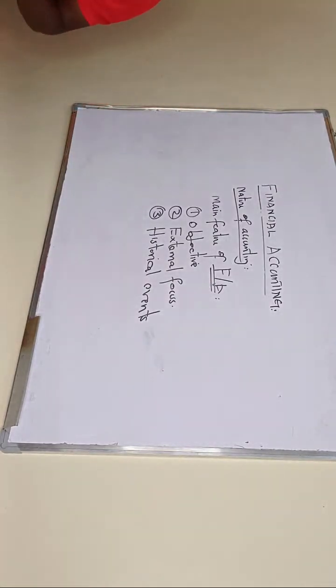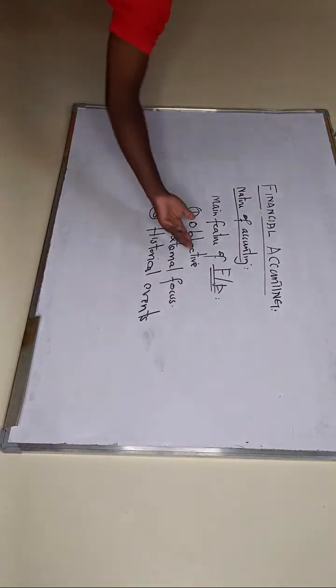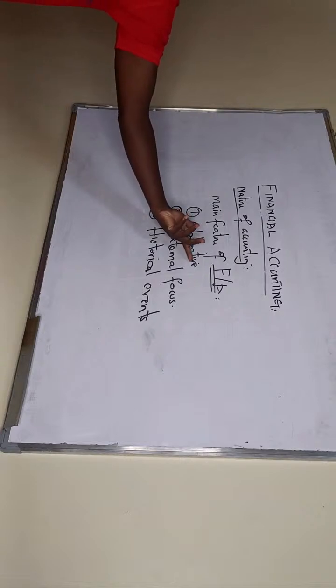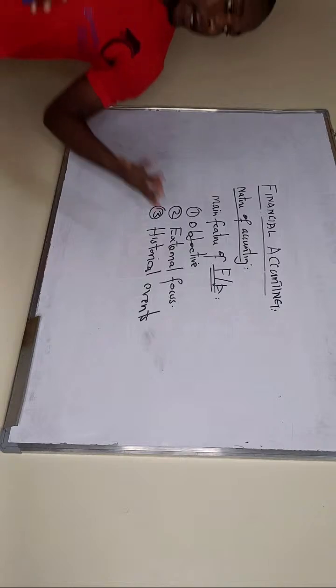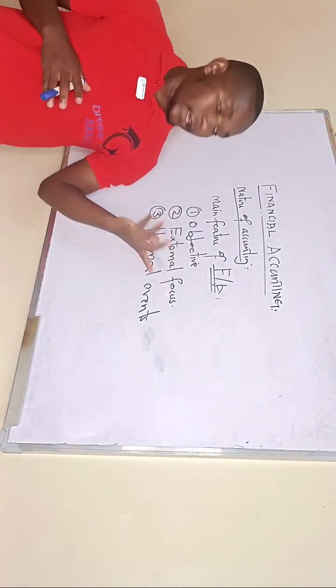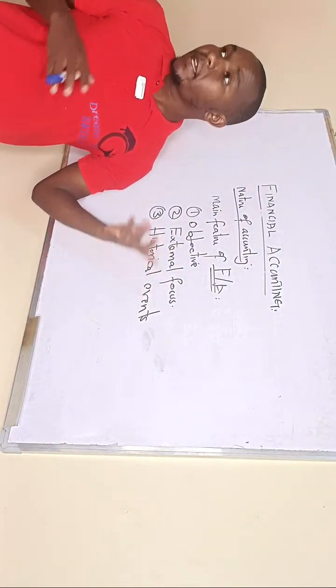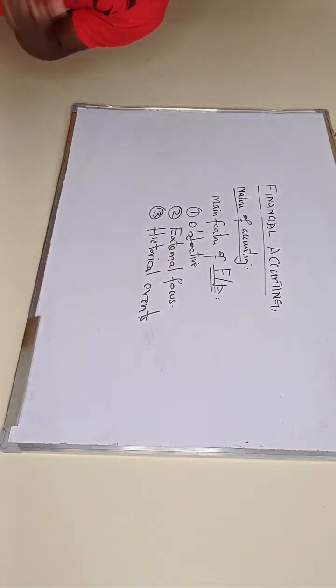So when we talk of accounting, you need to have the objective. And then after objective, we come to the external focus, and then we come to the historical event.